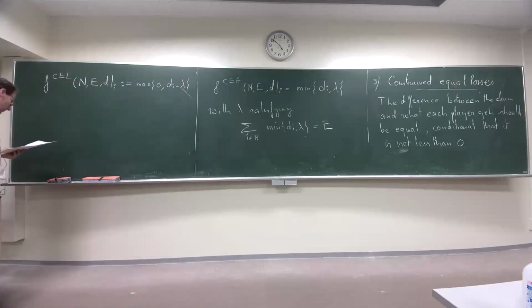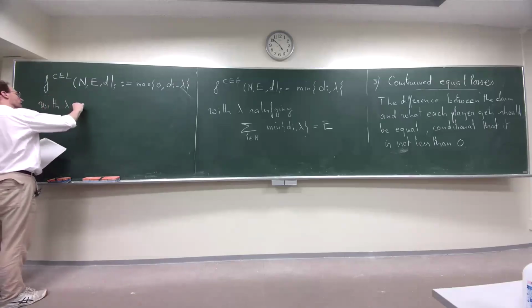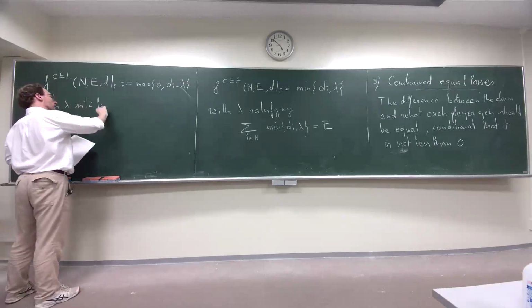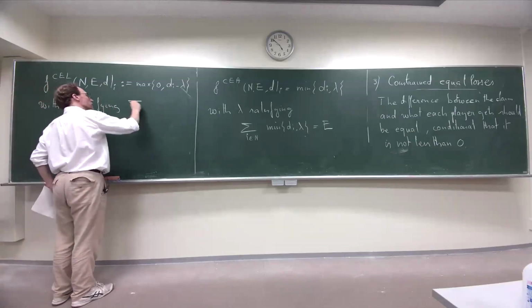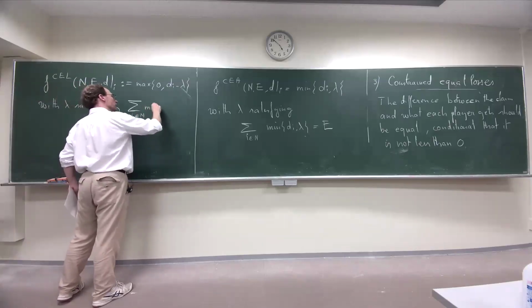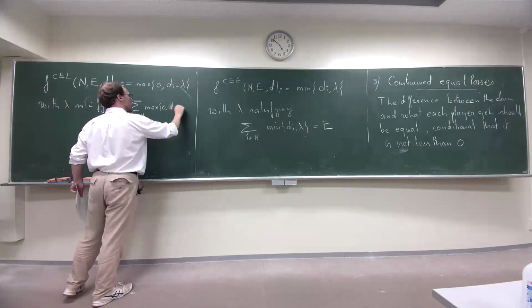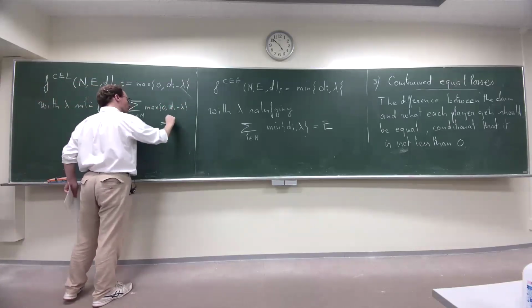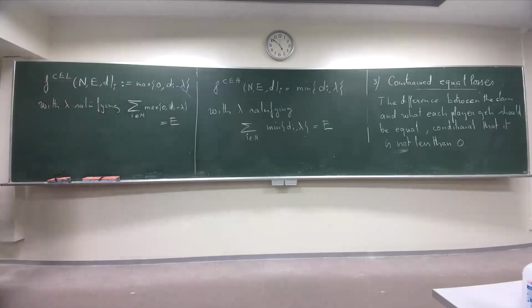But lambda has to satisfy again a condition: the sum over all i of these maxima has to be equal to E because you want to distribute the entire amount.